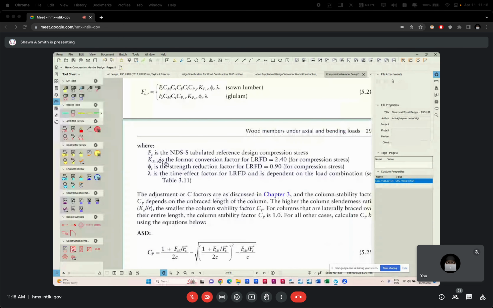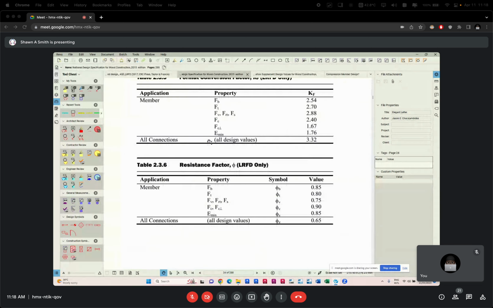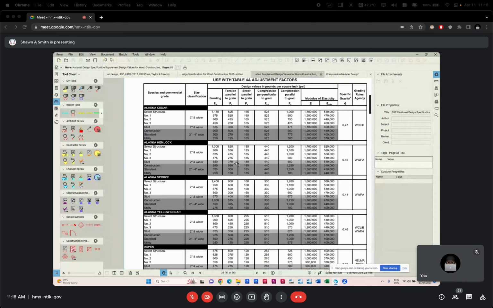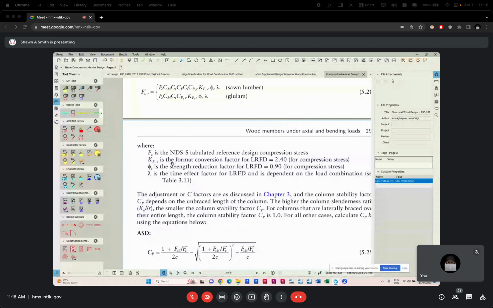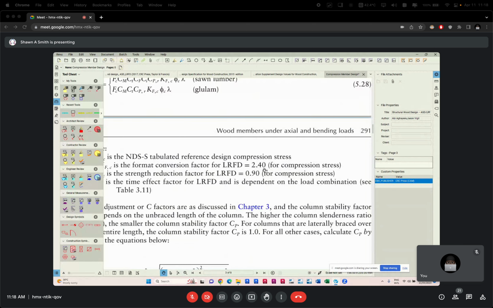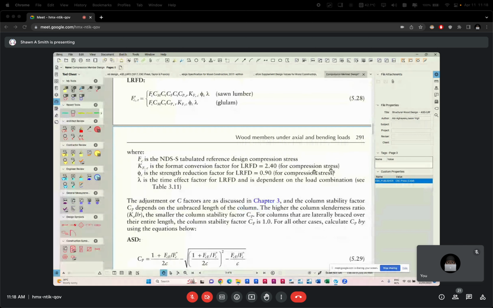It says here where FC is the NDS tabulated reference design stress. We get them from these tables inside here. KF is the format conversion for LRFD. It says here it is 2.4 for compressive stress, so we need not go and search for it.